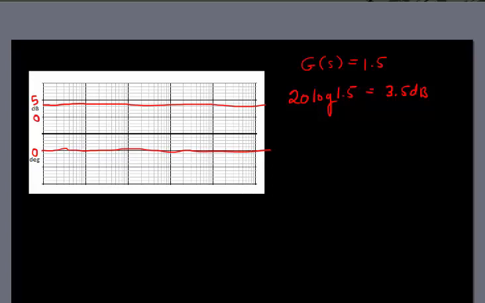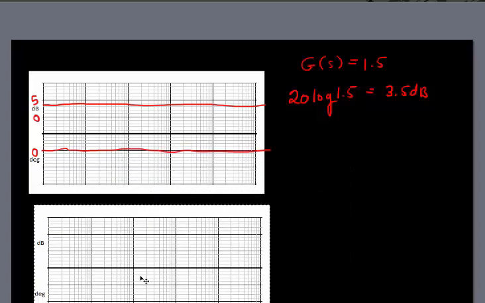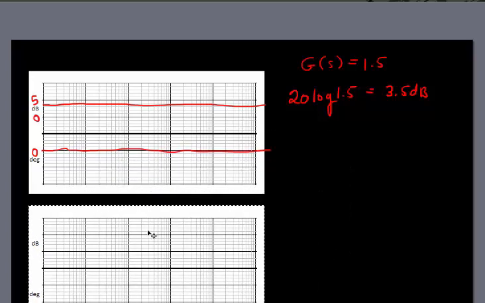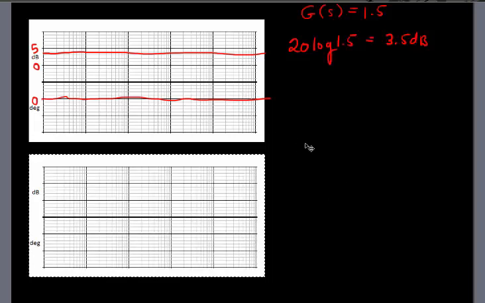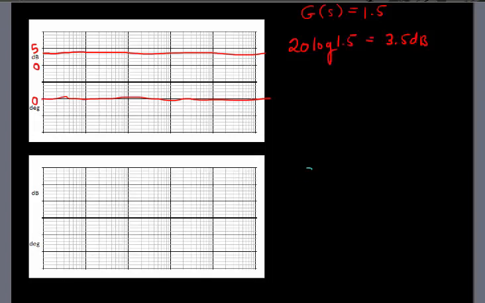Now what I'm going to do is bring in another plot. Scroll up. So there's my other plot, and this time, maybe let's pick a different color, we are plotting G of s equals 1 over 0.5s plus 1.